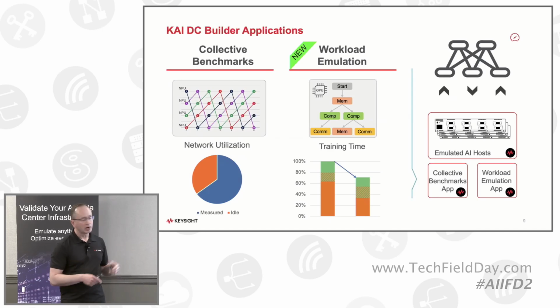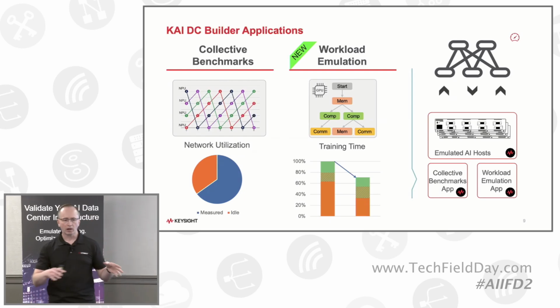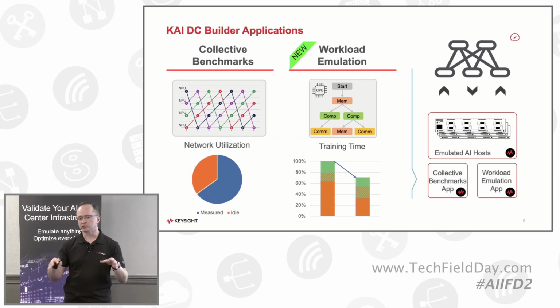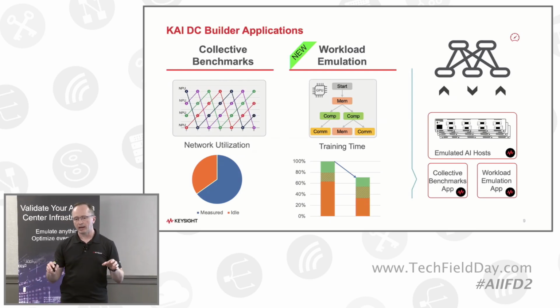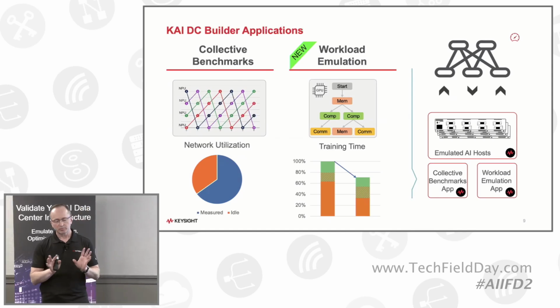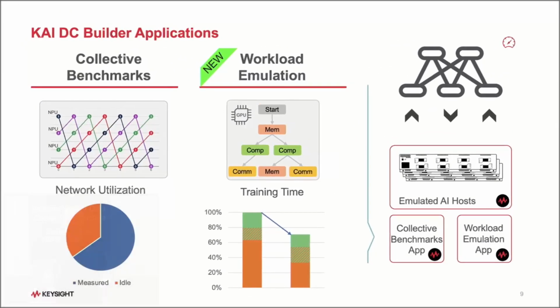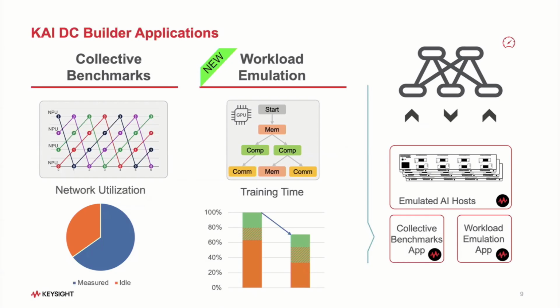So how do they differ? The collective benchmarks application, what does it do? When you have an AI workload, for example you are training a model, it uses collective operations. This is the terminology for moving data between the GPUs, right? And it does it over and over again, millions of times. So if you want to benchmark a collective operation, you are zooming in on a single transaction that happens between thousands of GPUs.